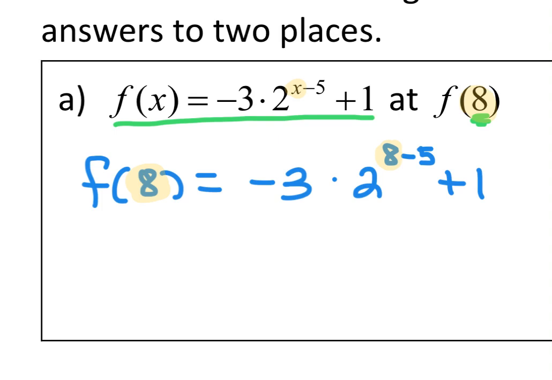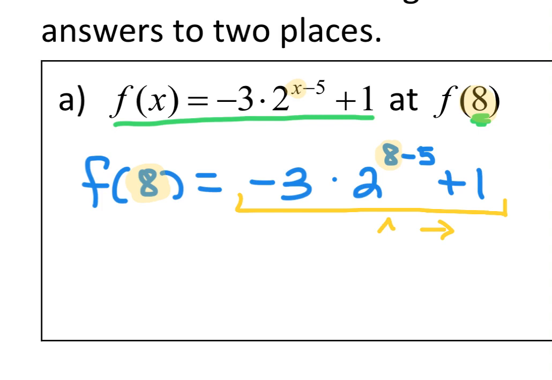And then that thing right here is what you type into your calculator, and type it exactly the way you see it. So you type in negative 3 times 2, and then you use the little caret button for 8 minus 5, and then use a right arrow to get back down so that you can type plus 1.